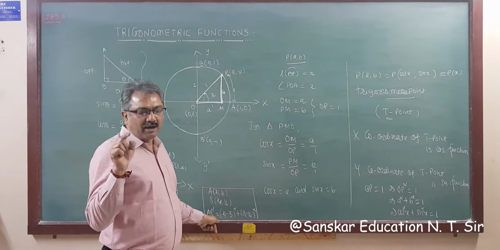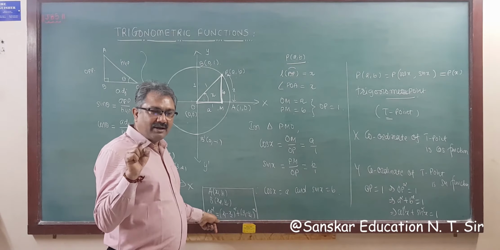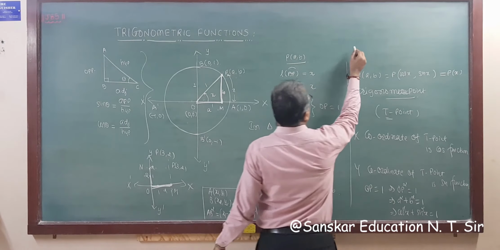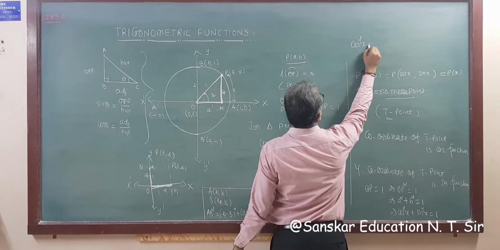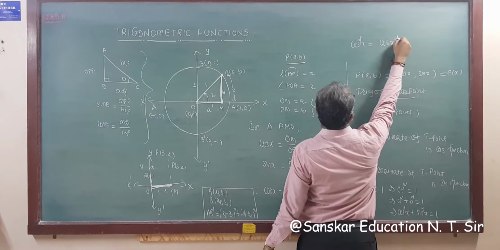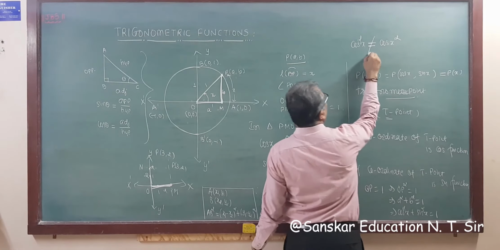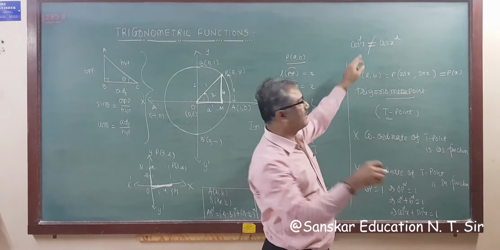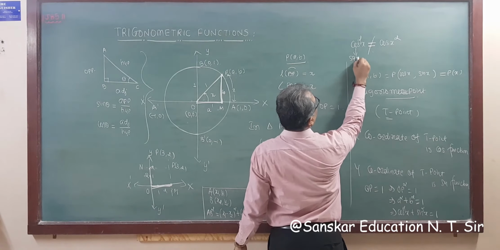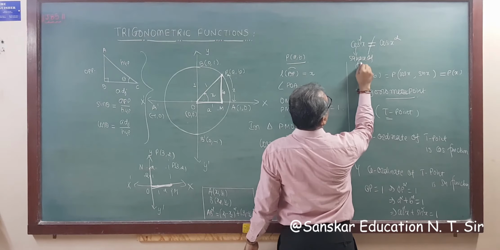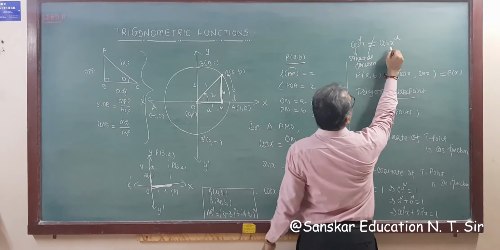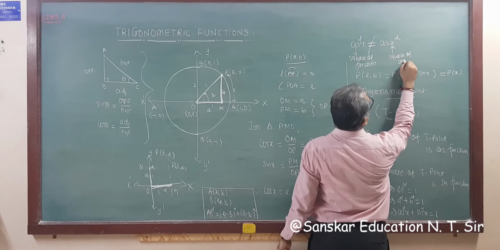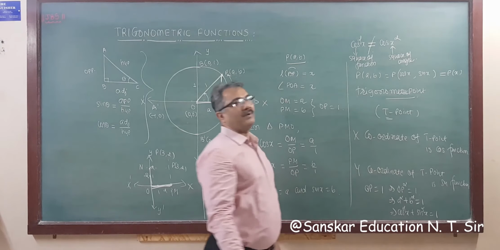But remember one thing, you should know this very well, right? And keep in your mind, you remember that sometimes you write cos square x is equal to cos x square. So this is absolutely wrong, because this is the square of a function, and this is the square of an angle. So you should know the difference.